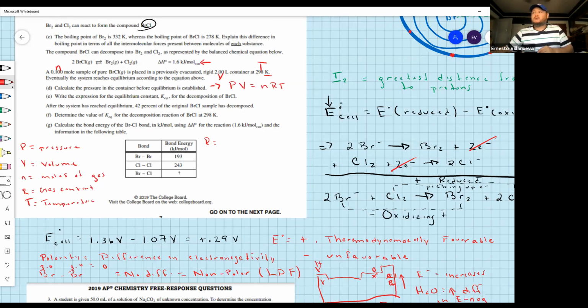R is equal to 0.08206 liters atm per mole Kelvin. Let's go ahead and write that down.